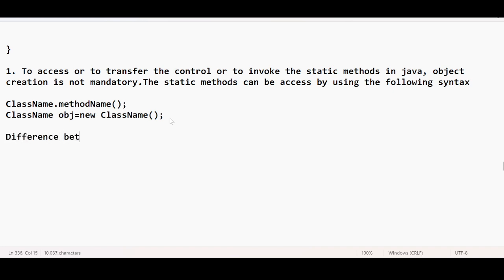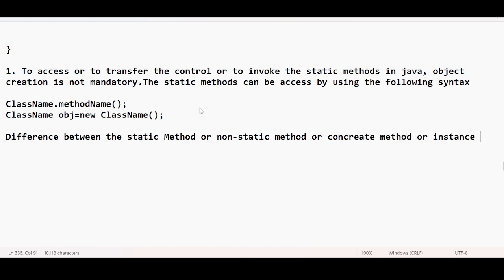Difference between the static method and non-static method, or concrete method, or you can also call this an instance method. First we will list out the points of static method.